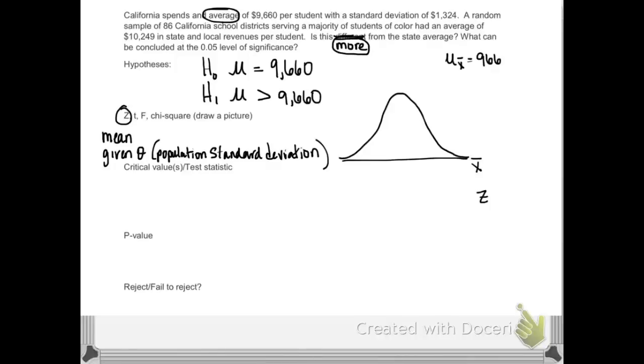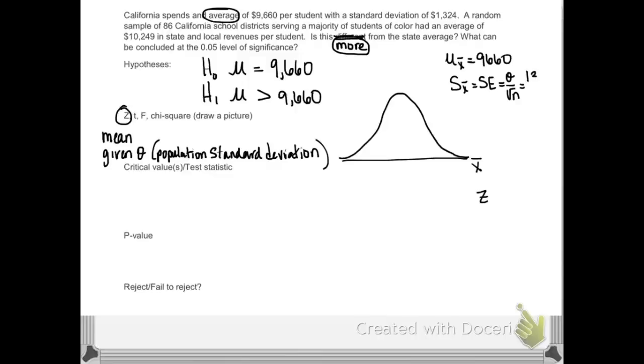If I take samples of size 86 school districts in California, these are the sample means of the average per student in the school district. We'll have some that are down here, we'll have some that are up here, but let's continue our drawing.